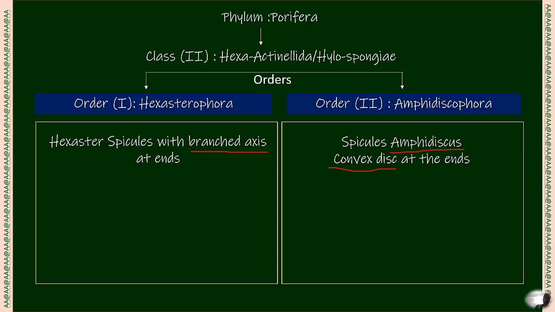Okay. Now come to the flagellated chamber. Whenever I say flagellated chamber, the only flagellated cells present in poriferans are choanocytes or collar cells. So in case of Hexasterophora, suppose this is the body and we have taken the cross section.